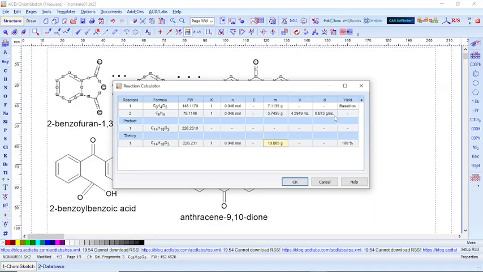What if the other reactant, the first reactant, be a solid? What if there is a need to make it a liquid, maybe to dissolve it in a liquid, maybe to calculate it in volume?